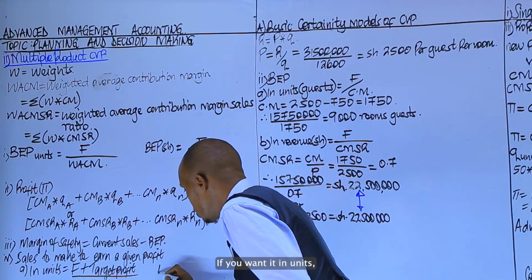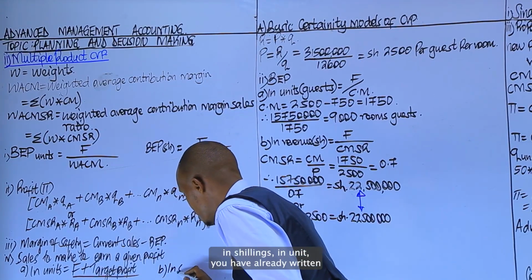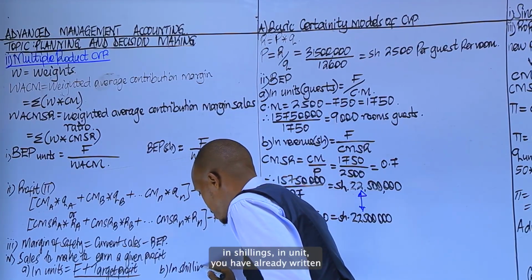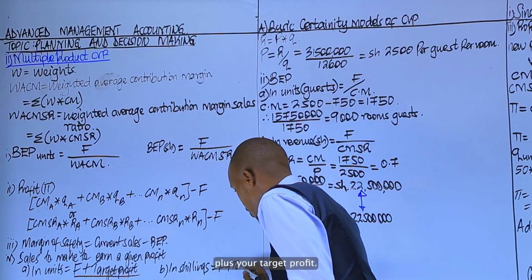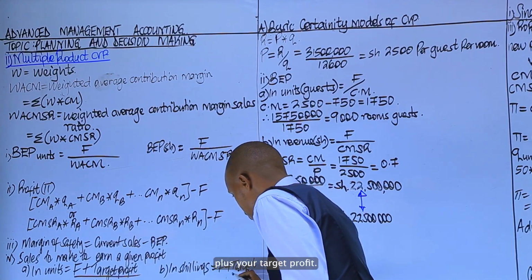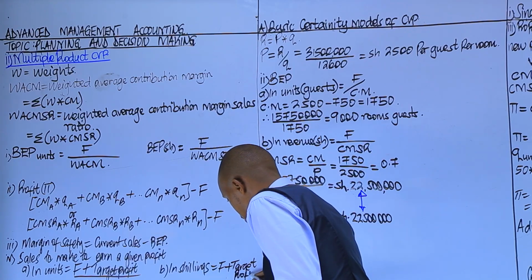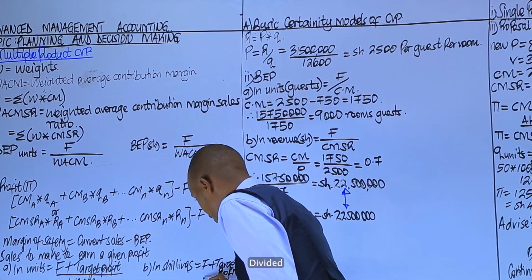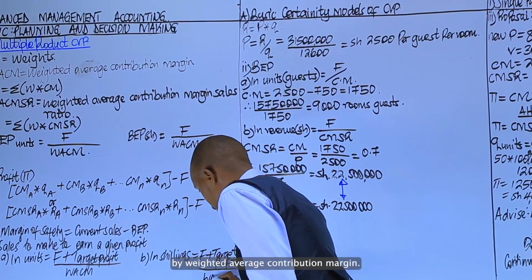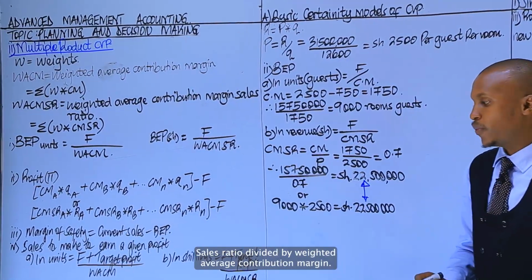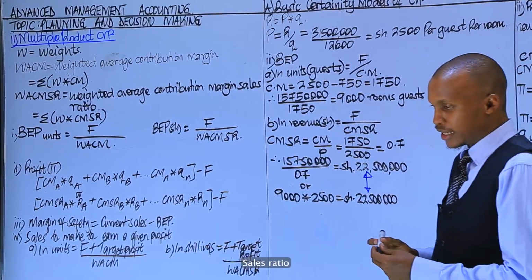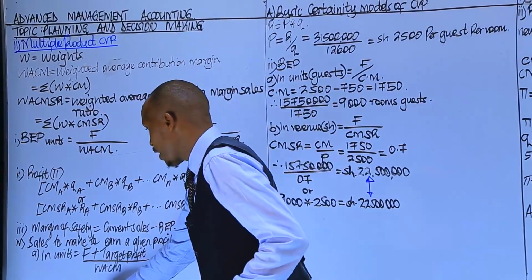If you want it in shillings, it is going to be your fixed cost plus your target profit divided by weighted average contribution margin sales ratio.